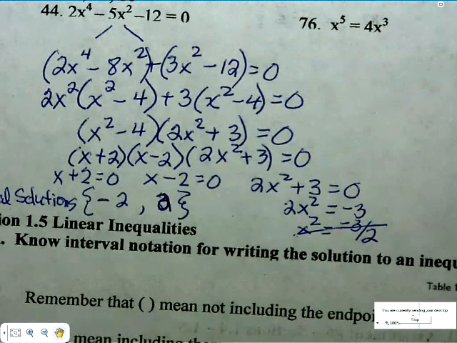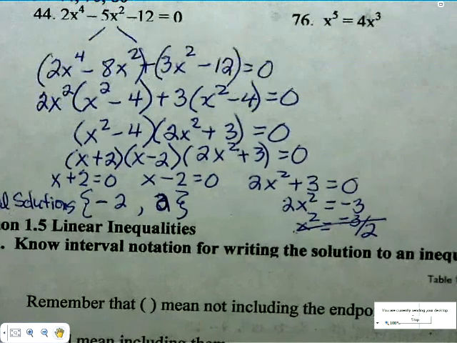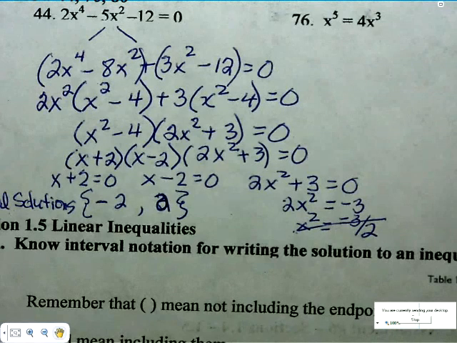All right, number 76. Dividing both sides by x cubed would be forgetting what important step? You've got to get it in standard form first. So subtract the 4x cubed from both sides.